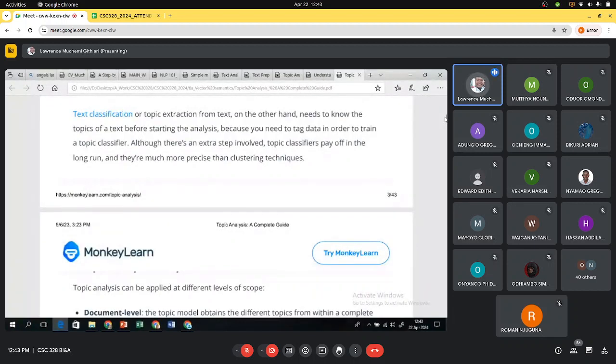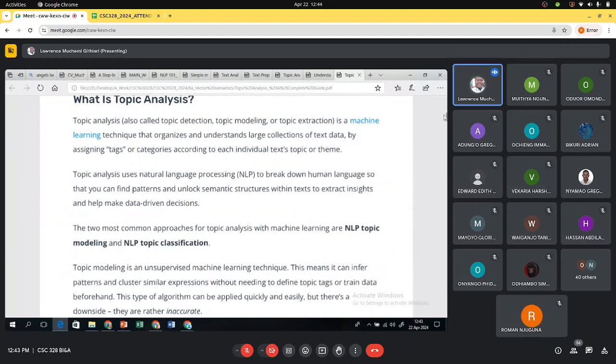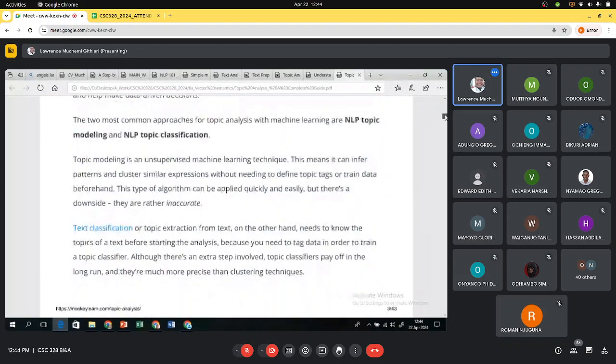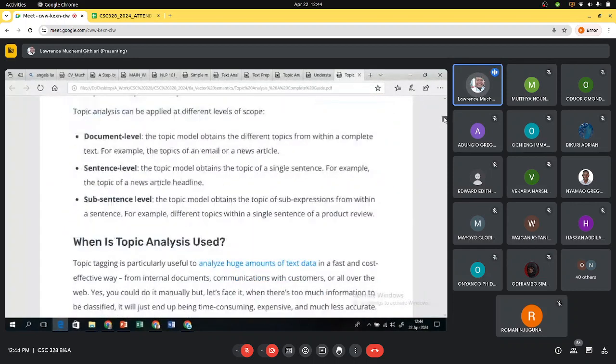Now, topic analysis can be applied at different levels. You can do it at the document level, the sentence level, and the sub-sentence level.